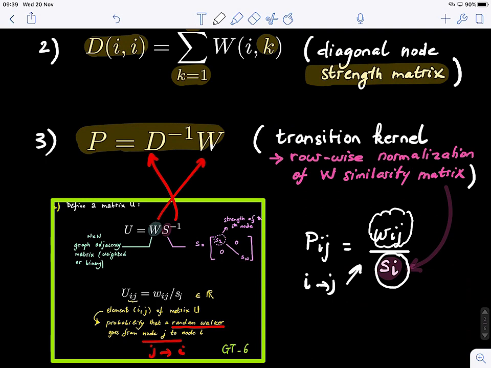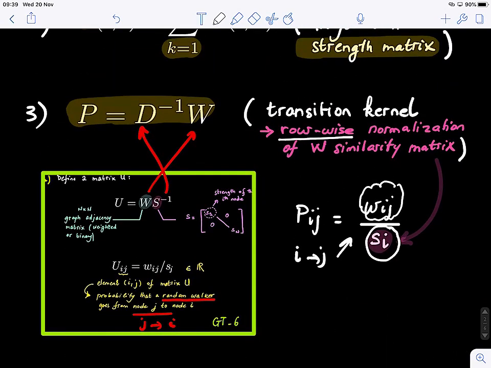Now, why do we call this row-wise normalization? What is happening here if I have the matrix P? So if I have the matrix, let's say W, so simple.